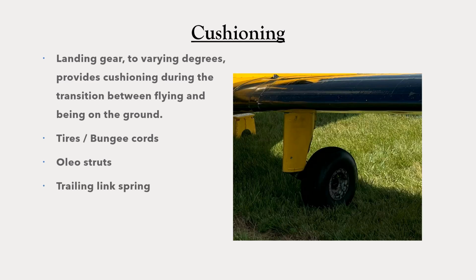This landing gear design is called trailing link landing gear, where there's a linkage that the landing gear can pivot about, so that the aircraft is a little bit in front of the tires.